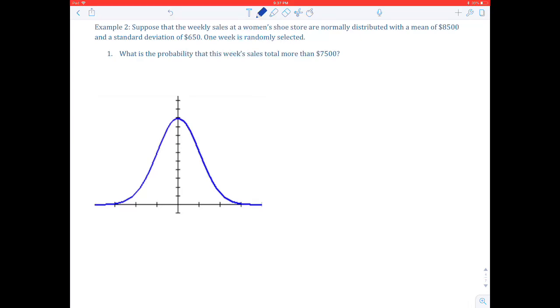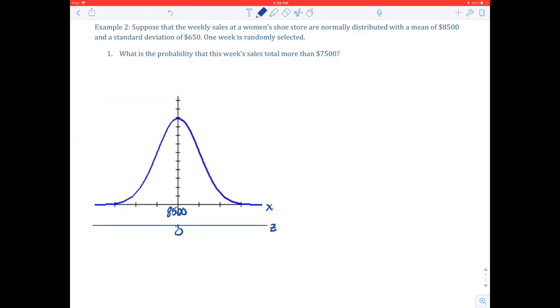You have your mean of 8,500, but then you also have the scale underneath for Z. This scale is X and the bottom scale is Z. This would be 0 because 8,500 is the mean, so it's 0 standard deviations from the mean.